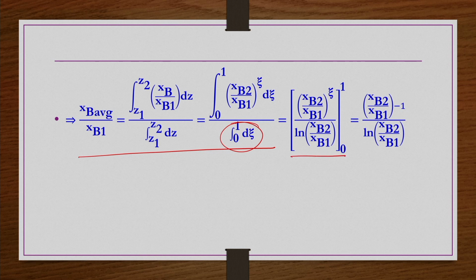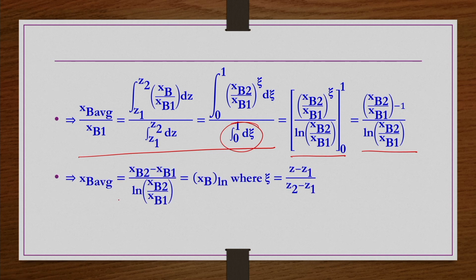So, the limits: when xi is equals to 1, XB2 by XB1 would be there. When xi is equals to 0, something power 0 is 1, so minus 1. So, XB average is XB2 minus XB1 divided by XB1, but there is an XB1 in the numerator on the left hand side, so we bring it to the right hand side, and it is cancelled out.